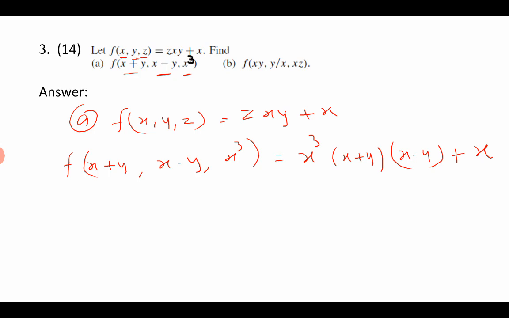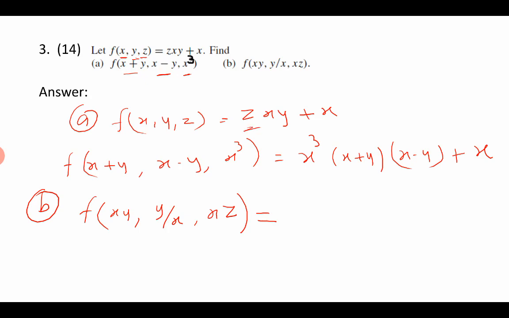That's it. I'm going for B. In the case of B, we want f(xy, y/x, xz). x will be replaced by xy, y will be replaced by y/x, and z will be replaced by xz. That is it. Now let's do it.